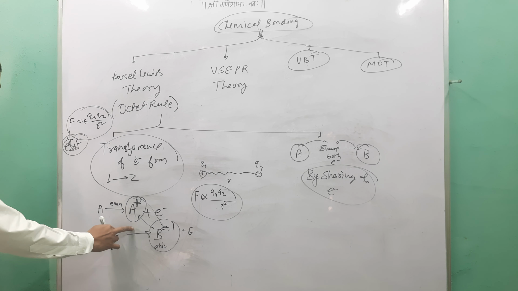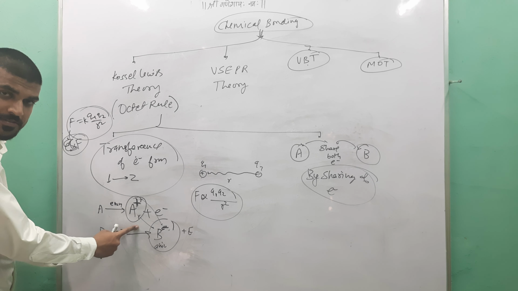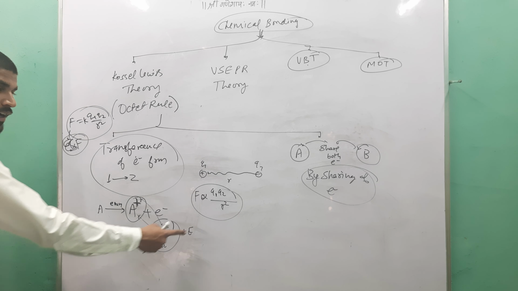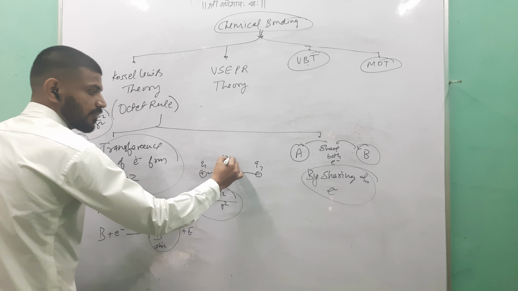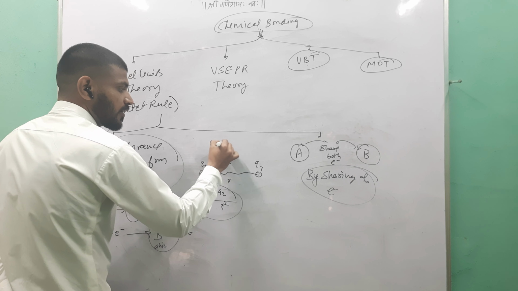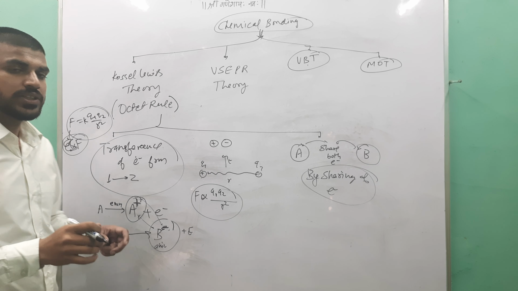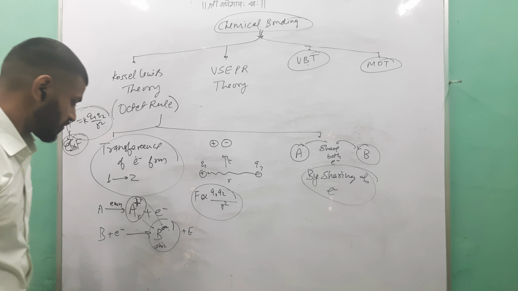Okay, look, this is the same thing that we are studying in chemistry. Now they will come together, and after some time t, they will hold each other by a force that is called electrostatic force.